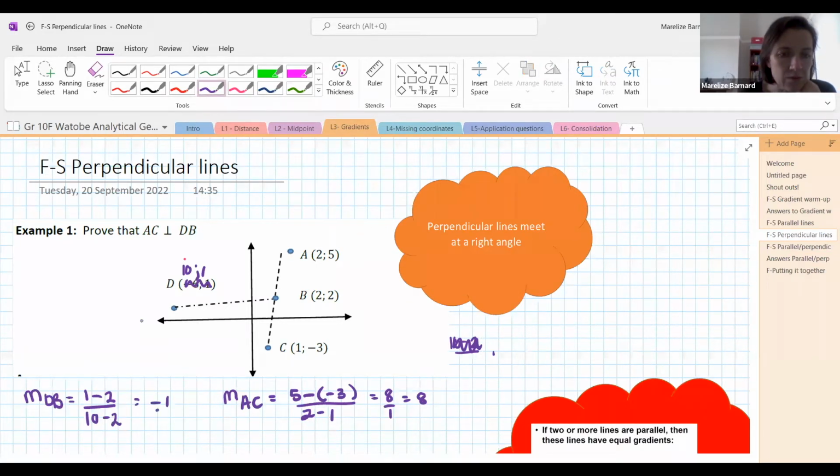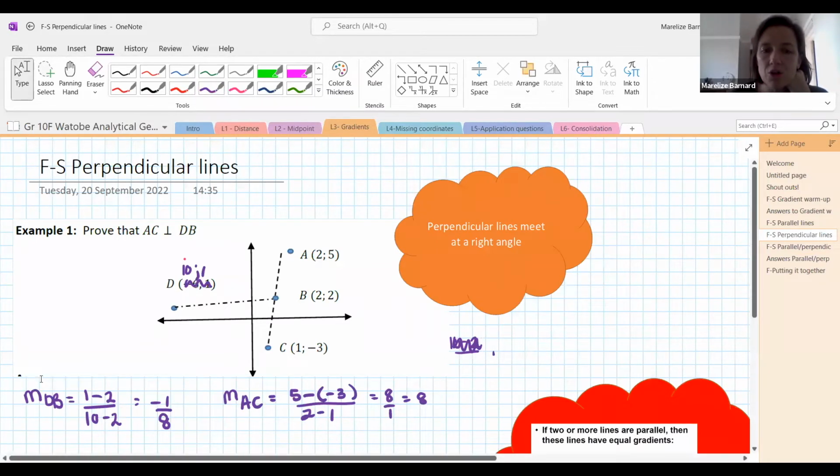So it's -1/8. Okay, guys, just double check. DB's coordinates are 10 and 1, and you should get a gradient of -1/8. And the gradient for AC is 8.